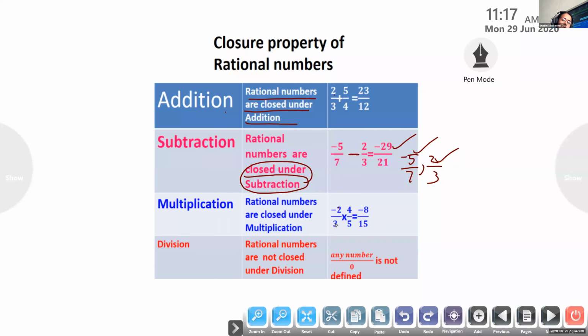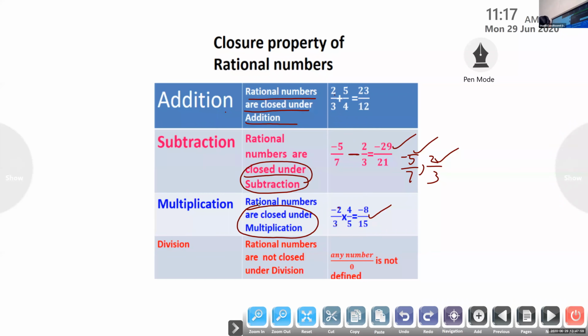So by applying addition, subtraction and multiplication to two rational numbers, in these three cases we are getting another rational number. So we can say that rational numbers are closed under multiplication.